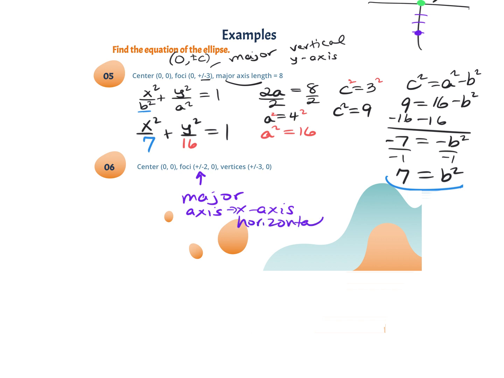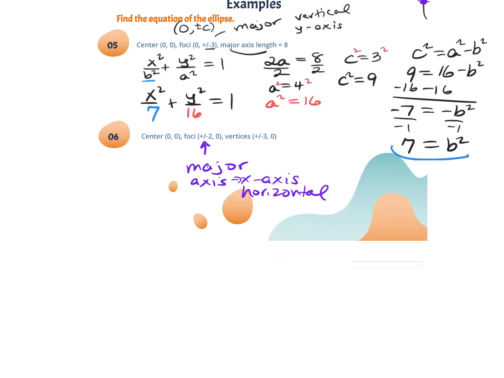So the equation I'm going to be filling in is going to be x squared and then y squared equals 1. And I'm going to be filling in my a squared and my b squared. And again, the a squared this time is under the x squared.